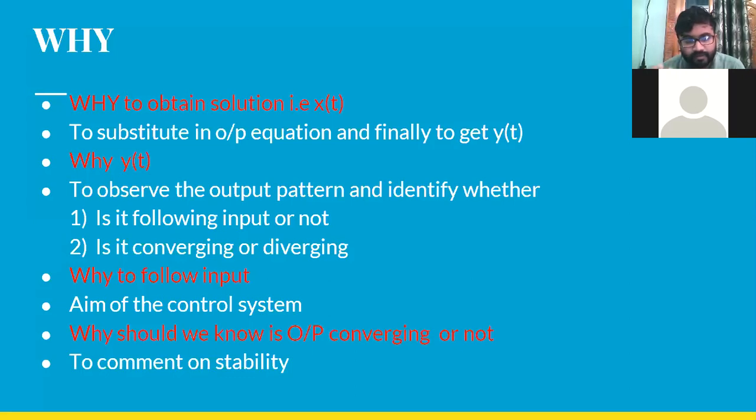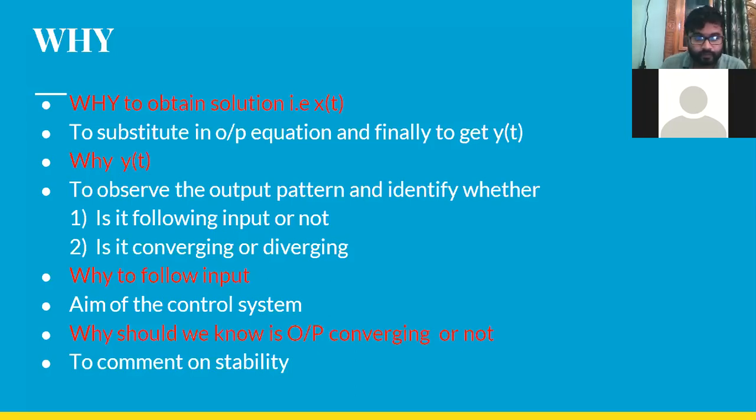By looking at the equation y of t, we can observe two things. First one is, is it following the input or not? Second one is, is it converging or diverging? Or in other words, the famous terminology, the output is bounded or not bounded. If it is converging, it is a bounded output. If it is diverging, it is not a bounded output.